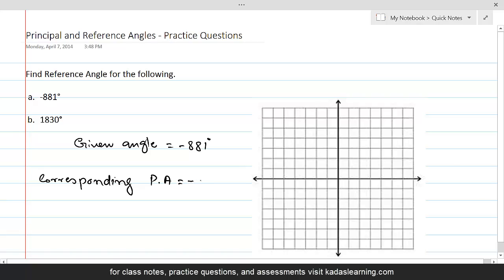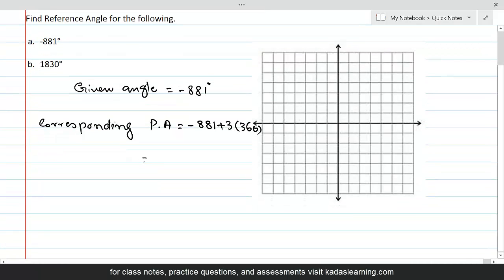What we'll do: minus 881 plus 3 times 360. 3 times 360 will give us minus 881 degrees plus 1080, and this is equal to 199. Now 199 degrees is an angle in the third quadrant, somewhere around here.